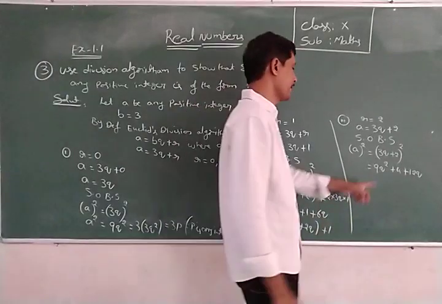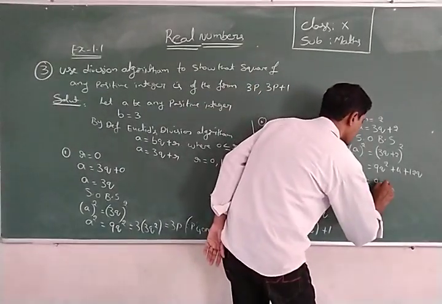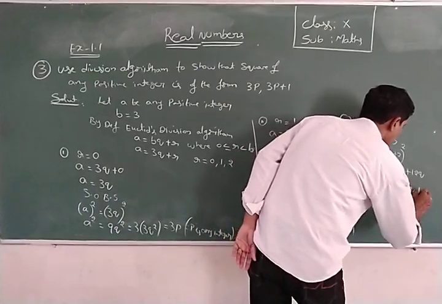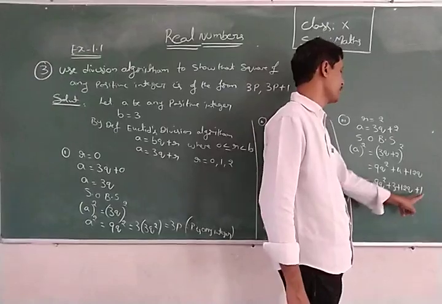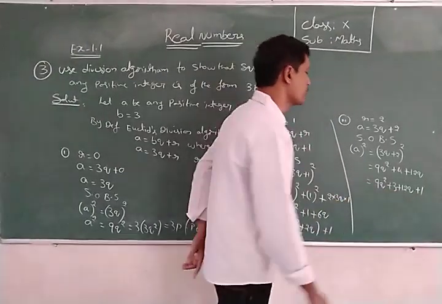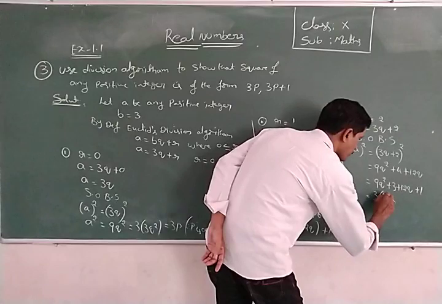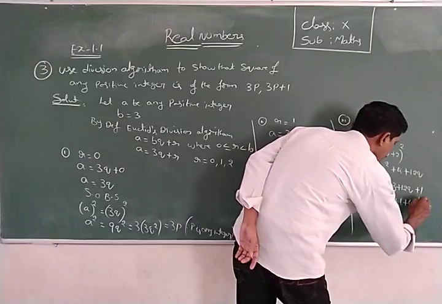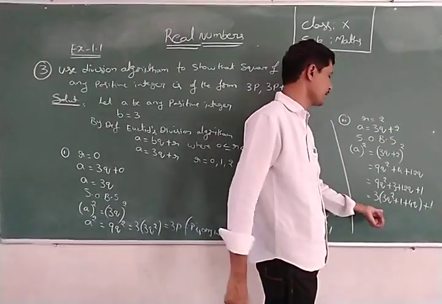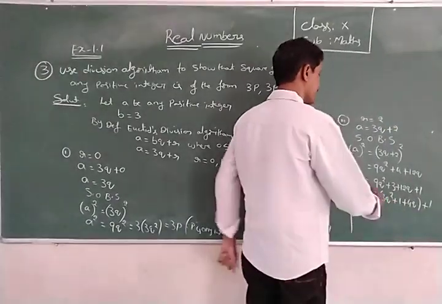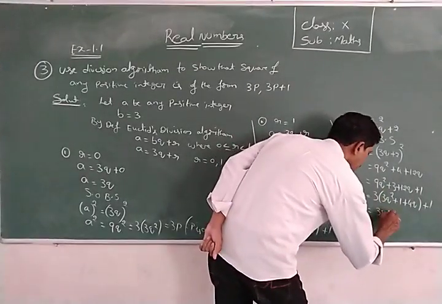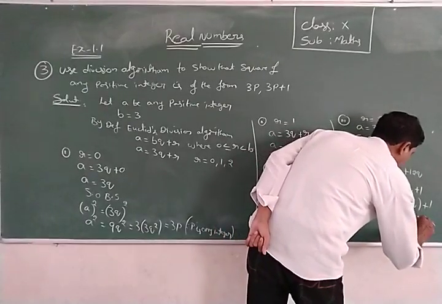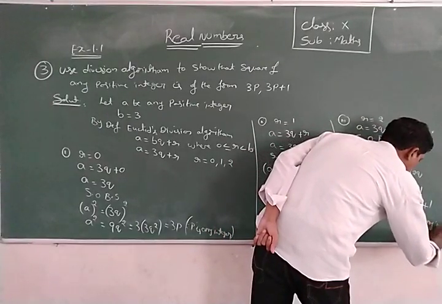Here 4 can be written as 3 plus 1. So 9q squared plus 3 plus 12q plus 1. In the first three terms, 3 is the common factor. Therefore, 3 into (3q squared plus 1 plus 4q), plus 1. The bracket 3q squared plus 1 plus 4q is replaced by p. So 3p plus 1, where p is any integer.